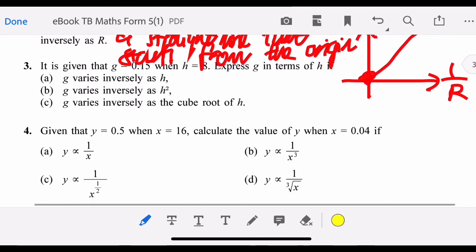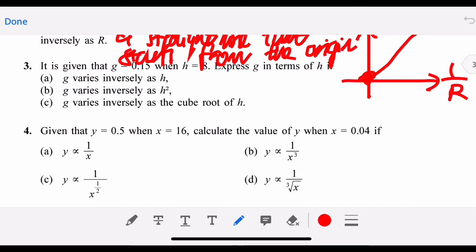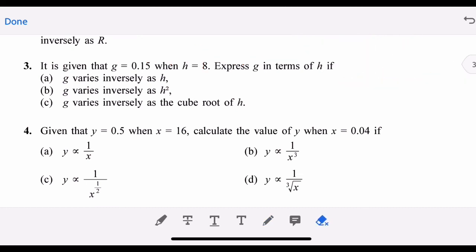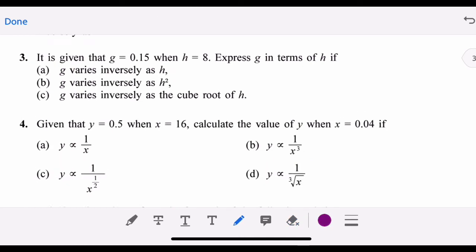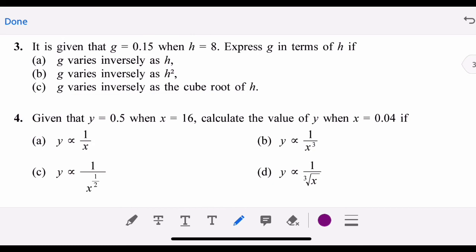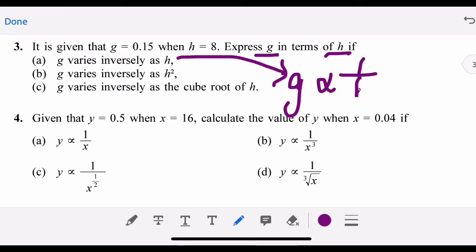Now let's discuss G. Let's see how to do G. For G, given that G is 0.15 and H is 8, express G in terms of H. So first of all, G varies inversely as 1 over H. So that means we can say that G is equal to K over H, right?